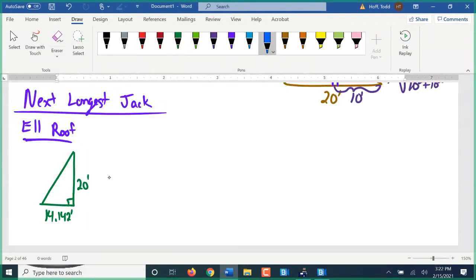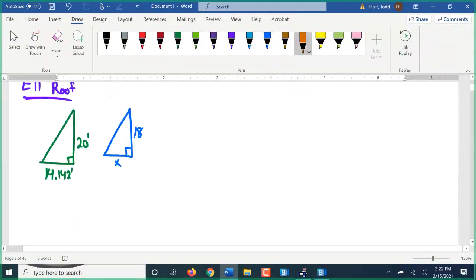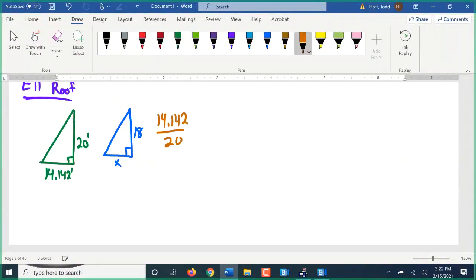Which means the next one would be at a distance of 18, call that x. What proportion is it going to be? 14.142 over 20 equals x over 18.